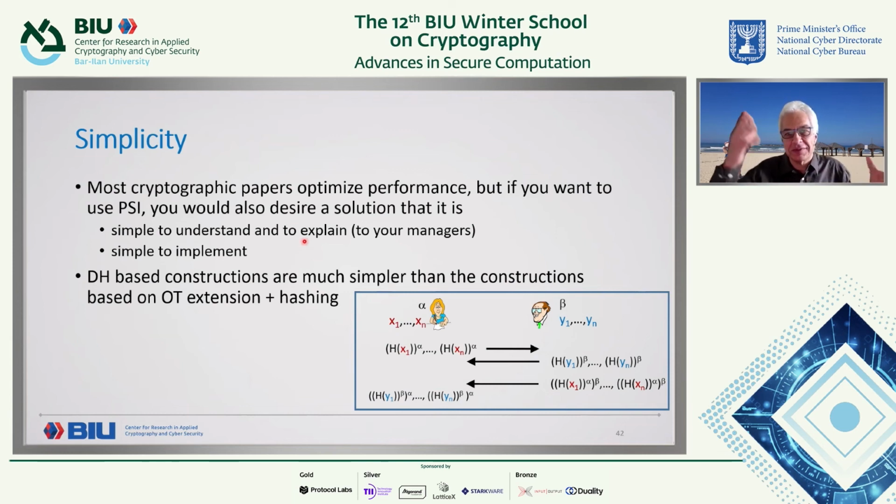You don't want to go tell them amplification, cuckoo hashing, whatever, expander graphs. This is something they can understand. And this is extremely important. And these Diffie-Hellman constructions are much simpler than others. So that's a great property of them.